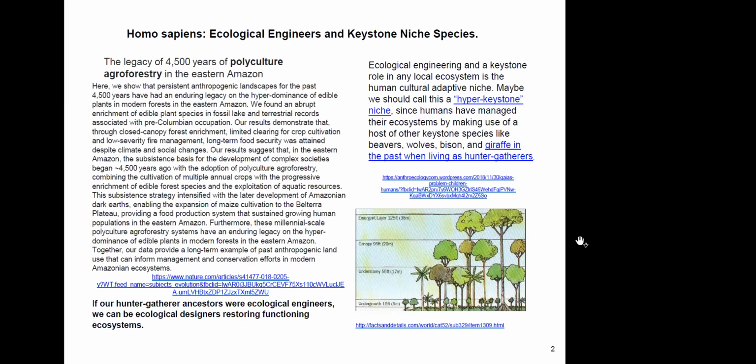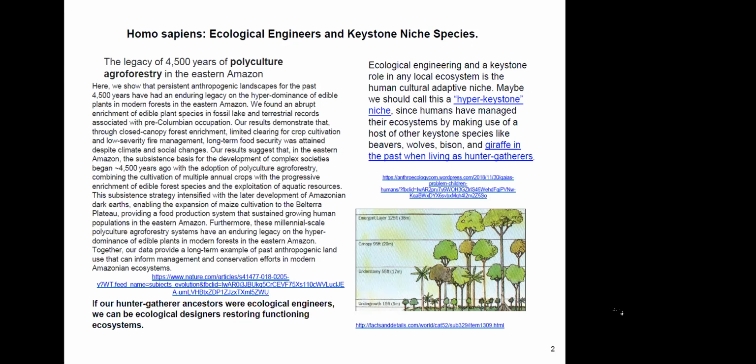And there have been quite a lot of times when the Earth's climate has been changing slowly or cooling or heating up. So obviously our hunter-gatherer ancestors had the nous, the understanding, the know-how to manipulate that environment in order to provide themselves with food security.